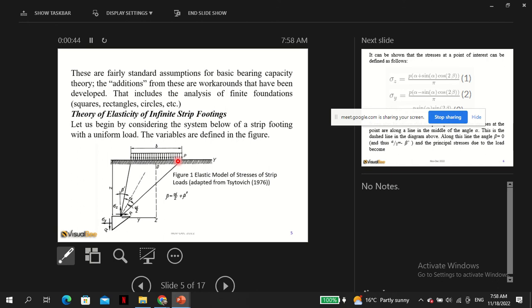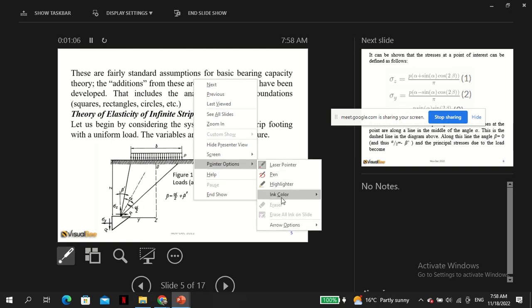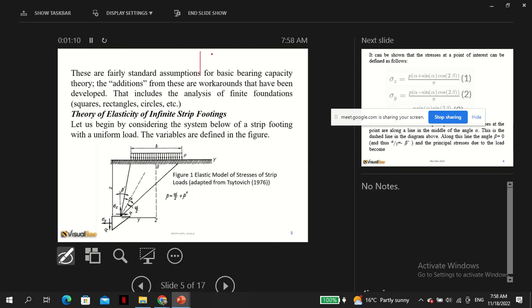Let us begin by considering the system below of a strip footing with a uniformly distributed load. The variables are defined. We'll follow this slowly, and I'll try my best to explain. If you have a strip footing like a wall, this is the thickness of the wall and there's some load.